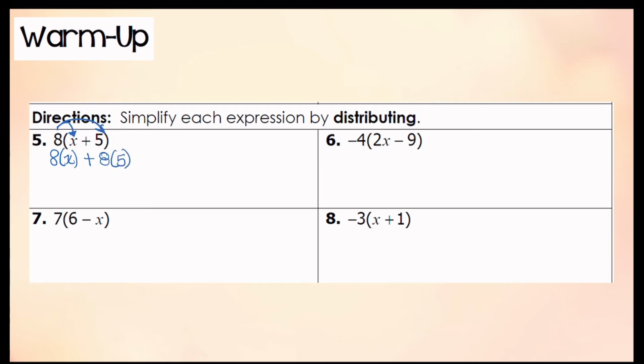I'm looking for this work. If you want the full credit for watching this video, you need the work. So it's 8x plus 40. This is my answer. When we distribute, we're giving what's outside to everything inside. Distributing, I multiply.